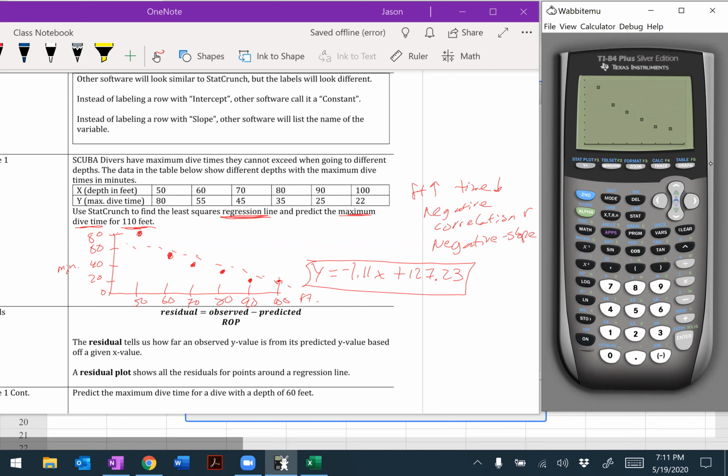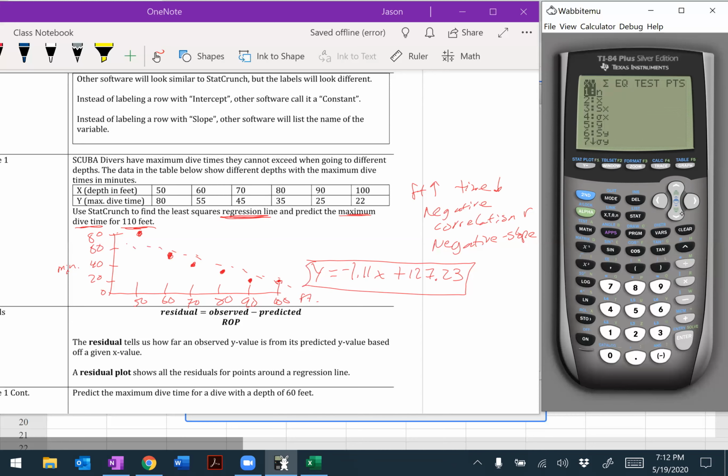So I'm going to hit y equals, not the stat plots, not second y equals, but just y equals. And I'm going to call up the regression equation. The way I do that is I hit vars, variables, not second vars like you're used to, but just vars. And I'm going to go to statistics.